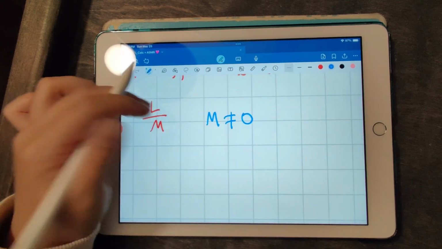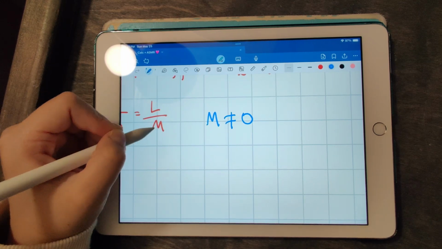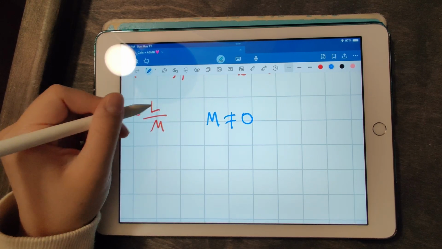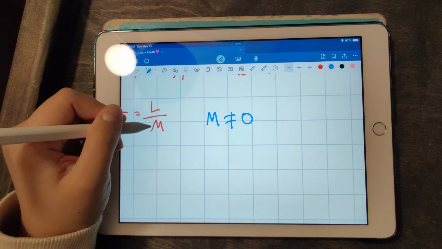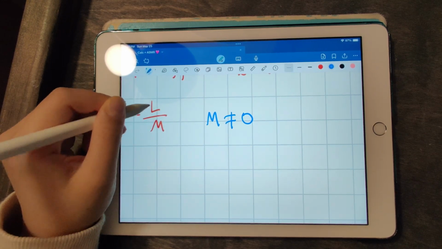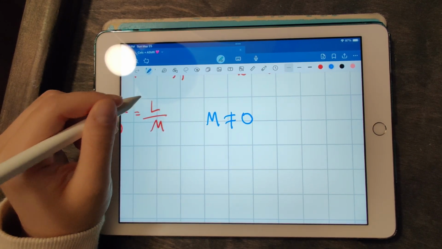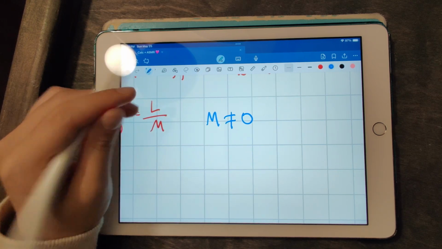M is the denominator of this fraction, and if M was 0, then this whole value would be undefined. So we need M not equal to 0.